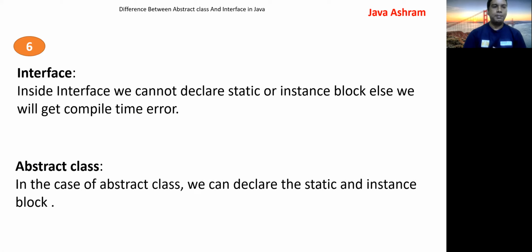We'll see here. But in the case of an abstract class, we can declare the static and instance block. It is also true that you cannot create the object of an abstract class, but here you can declare the static block or instance block. Why?